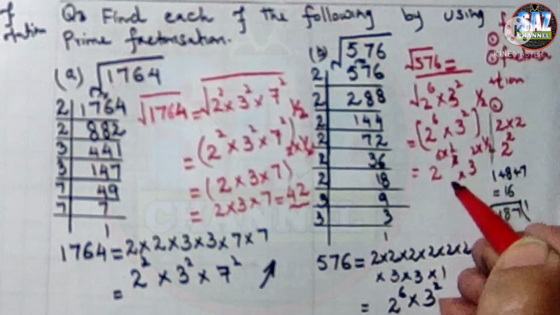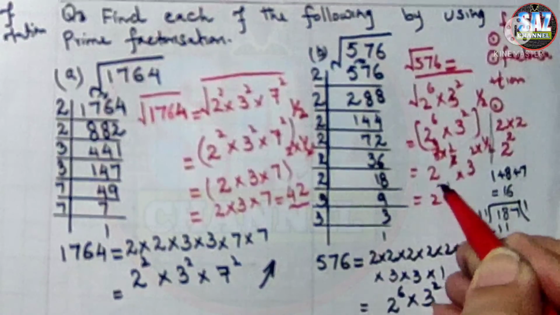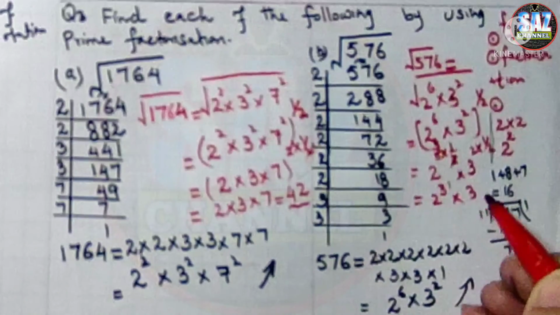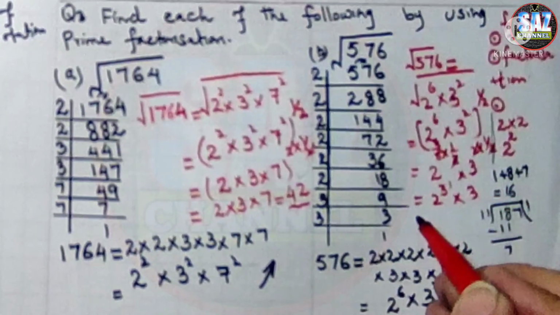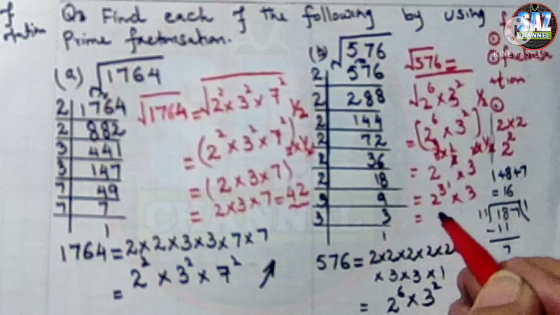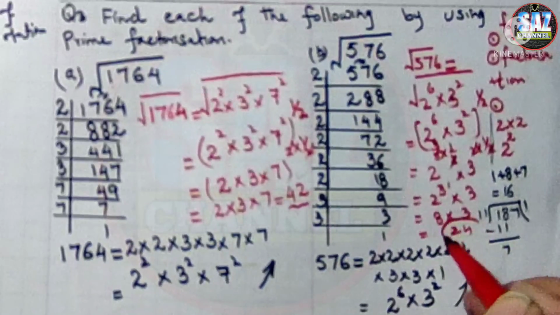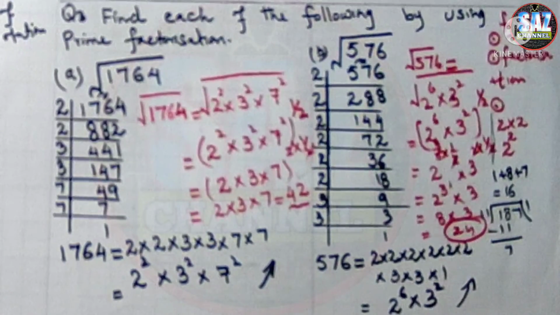Then 2 1s are 2 and 2 3s are 3, and we are left with 2 raised to the power of 3 multiplied by 3. 2 raised to the power of 3 is 8, multiplied by 3, which is equal to 24. Yes, 24 is the number whose square is 576, so the square root of 576 is 24.